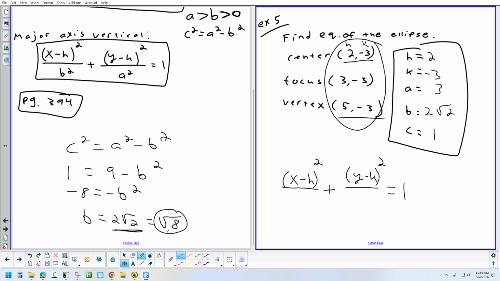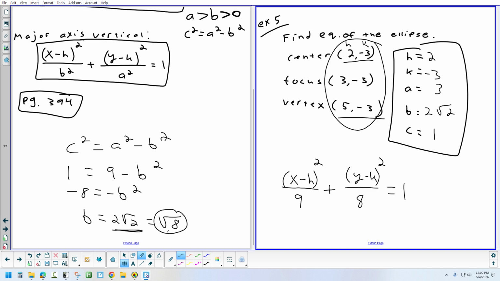So you want the bigger number under x. What's going to go under x in this case? Yeah, 9. A squared. And what's going to go under y minus k? Yep, 8. Almost a circle. Close. Just a little bit wider than it is tall.